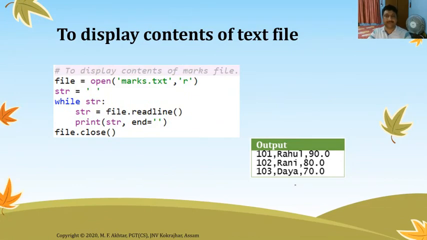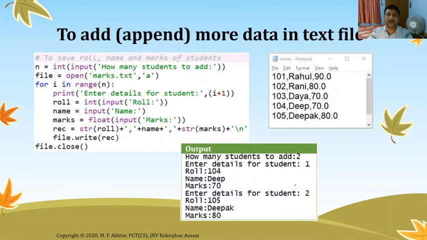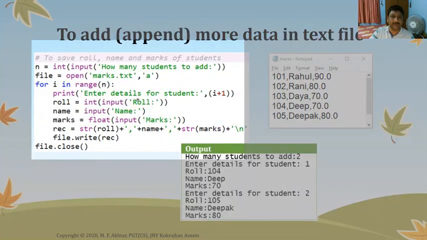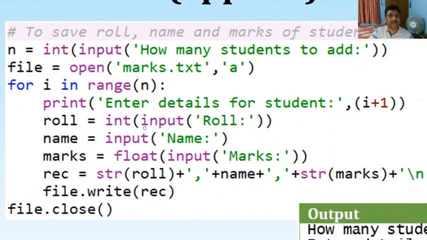Okay, now after displaying, we are going to add some more data to the file using the append mode. How can it be done? The same program we used for creating the new file can be used. Just change the W mode to A mode, append mode. Now it asks how many students to add.